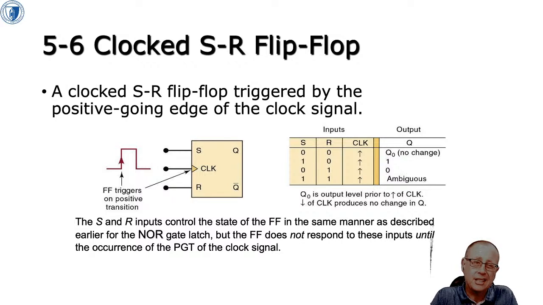I'm not drawing the individual gates in this case. It's got three inputs. It's got an S, an R, and a clock, CLK input. And it's got two outputs. It's got a Q and a Q bar, right? And the idea is that Q and Q bar should be complements of each other. If Q is a 1, then Q bar is a 0, and vice versa.